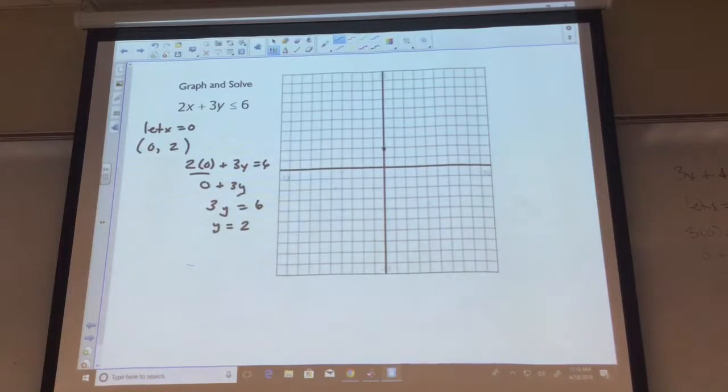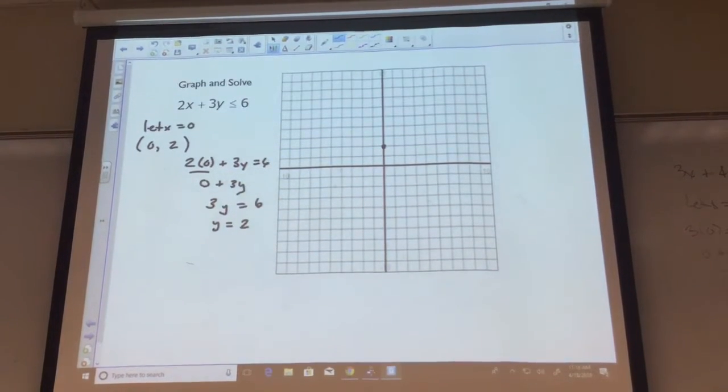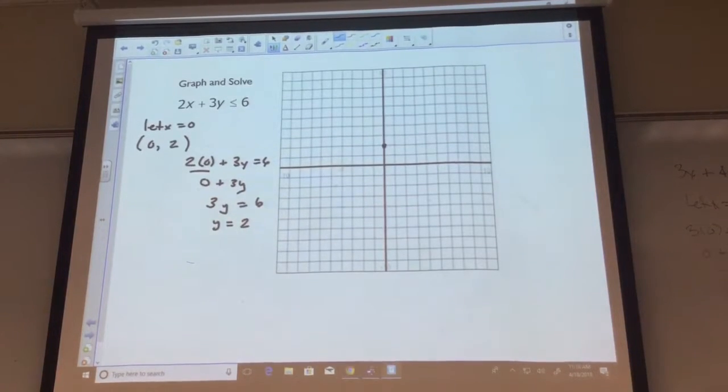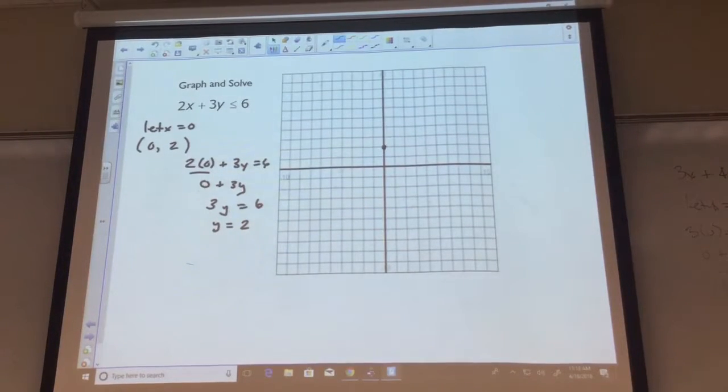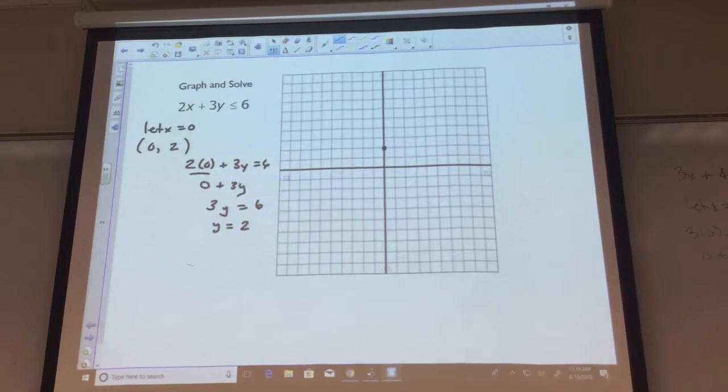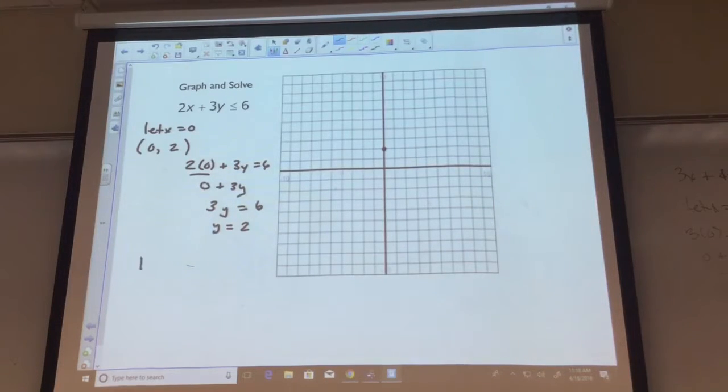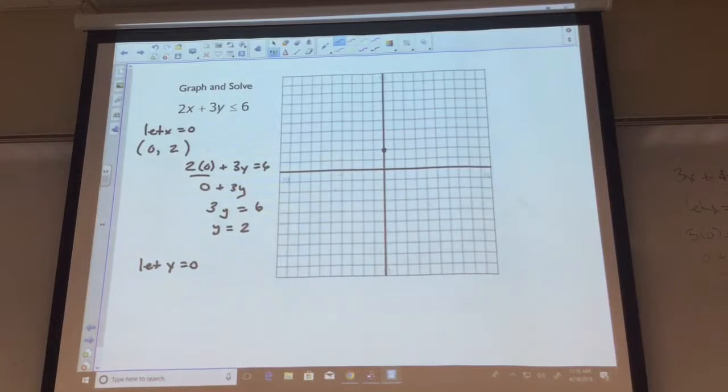(0, 2), if I have a 10-unit grid, which this particular one is. All the grids on the program are labeled for you. Grids in the workbook are not labeled for you, and you have to decide what scale you're going to use to make it fit in the graph. Then I could have picked y equals 0 instead.